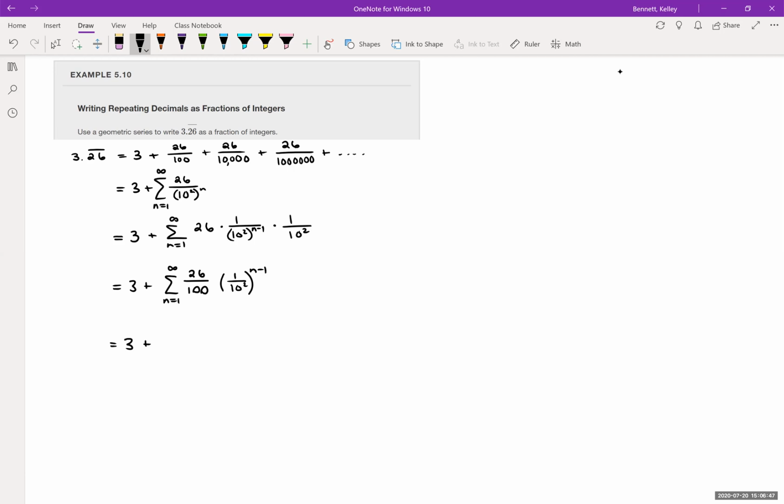So this is going to be 3 plus 26 over 100 times 1 over 1 minus 1 over 10 squared, which, boy, that sounds awful. So 1 minus 1 over 100 is just 99 over 100. So I get 3 plus 26 over 100 times 1 over 99 over 100.